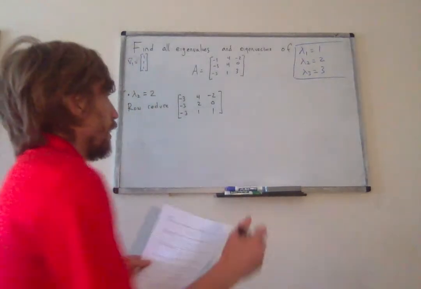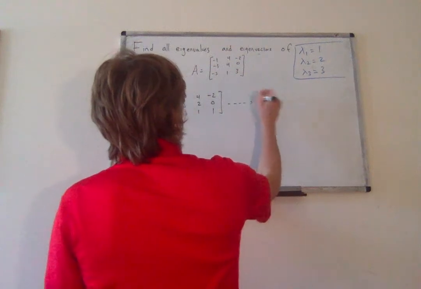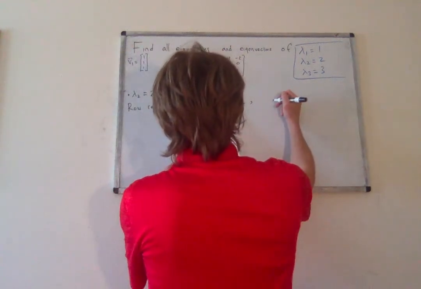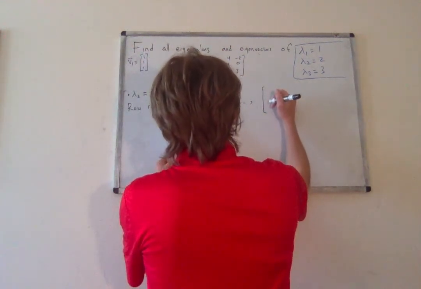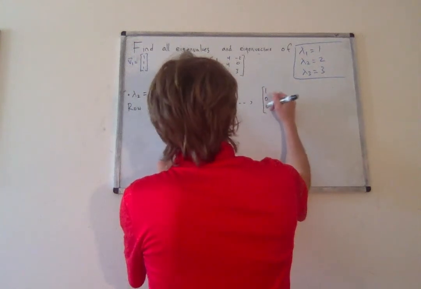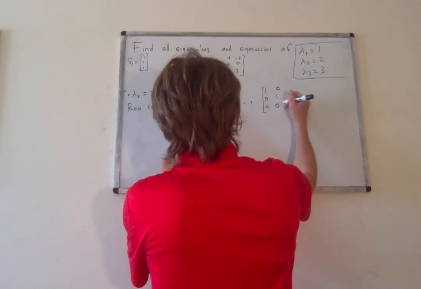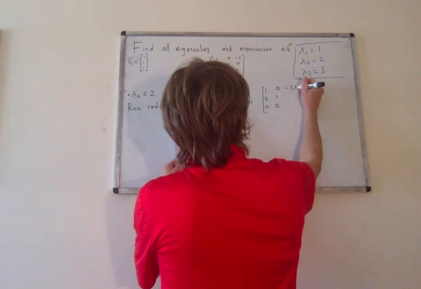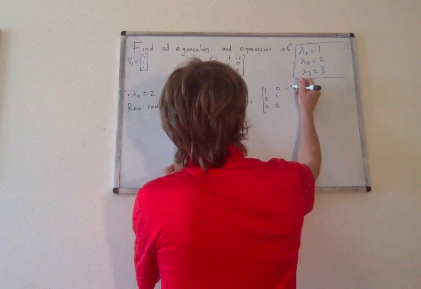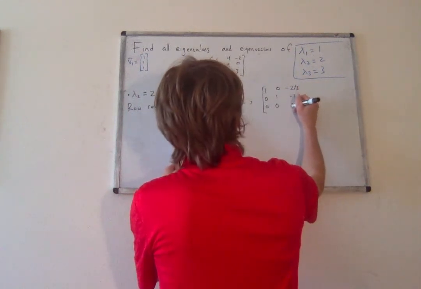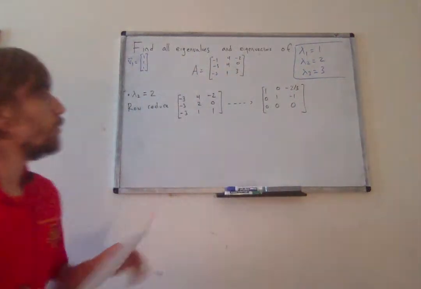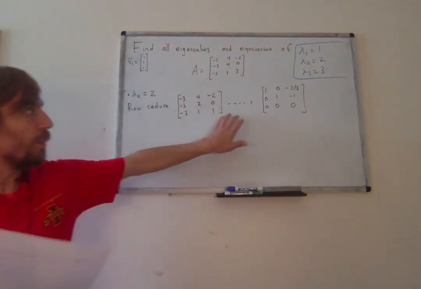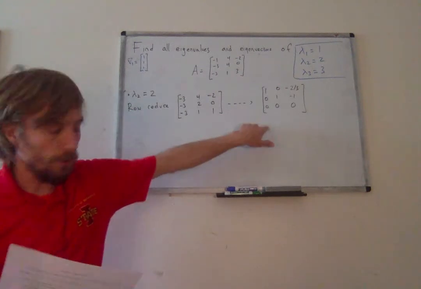And I don't want to keep all the fun for myself, so I will let you row reduce this at home. But row reducing this, I get the following matrix. Nope, not negative 3/3, negative 2/3, negative 1, 0. So after doing some mythical row reduction steps, I got from here to here.